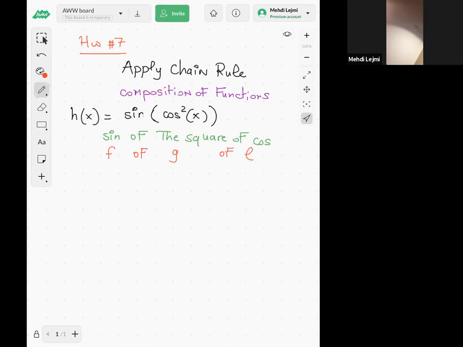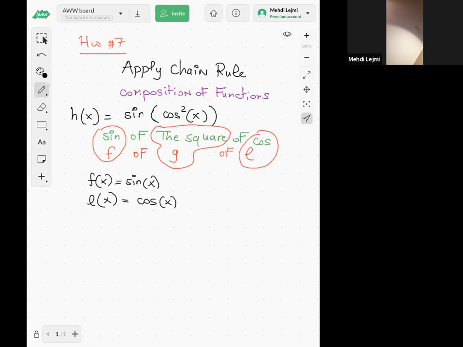Your f would be the sine, the square would be your g, and the cosine would be your function L. So f of x is sine of x, L of x is cosine of x, and g of x is the square of x, so x squared.